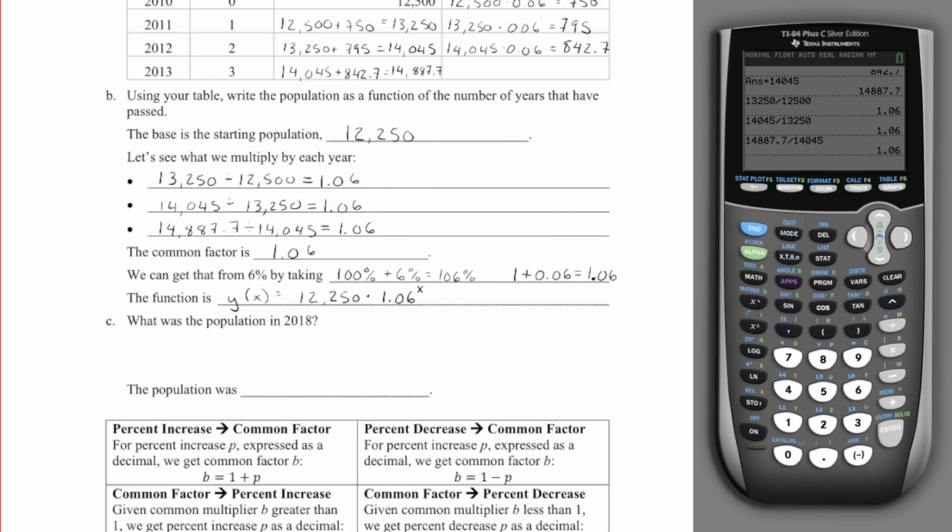Now we can use our equation to find the population in a later year, right? One that we didn't put into the table. So what is the population? That's asking us to find y. In 2018, so x represents the years since 2010. So x is 2018 minus 2010, which is 8.